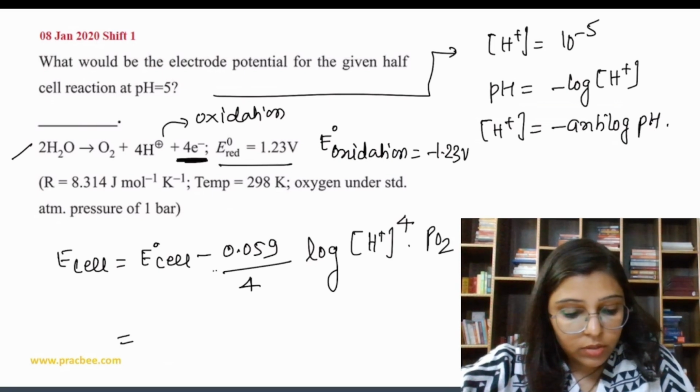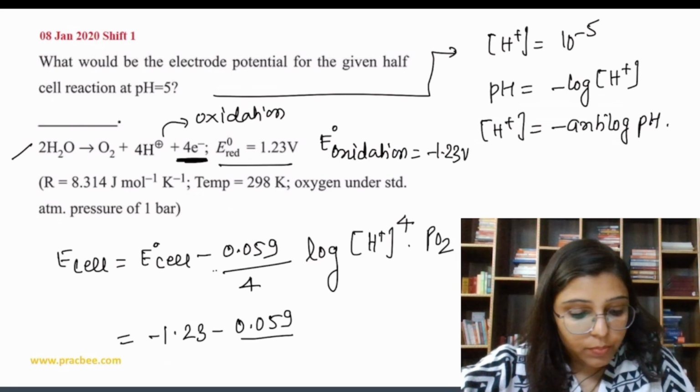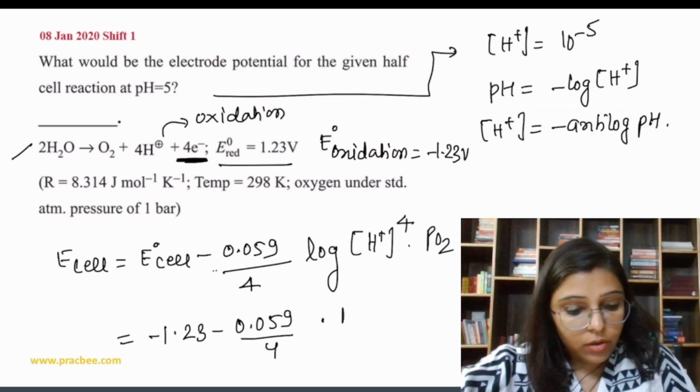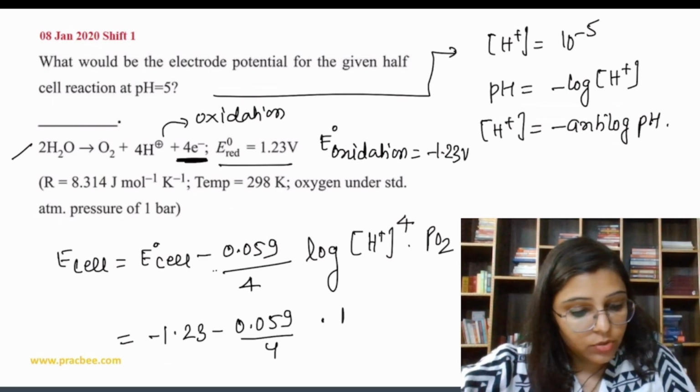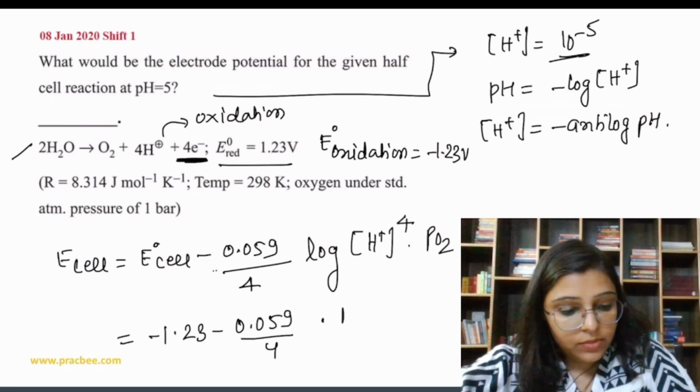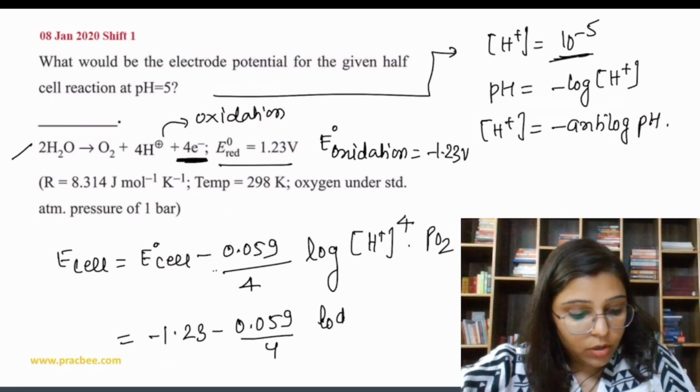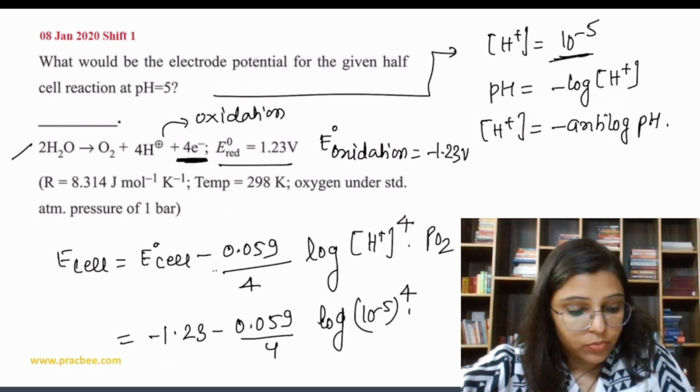Now E naught oxidation is minus 1.23, minus 0.059 upon 4. What is the H plus concentration? 10 to the power minus 5. So log of 10 to the power minus 5, to the power 4, and the pressure of O2 is 1.